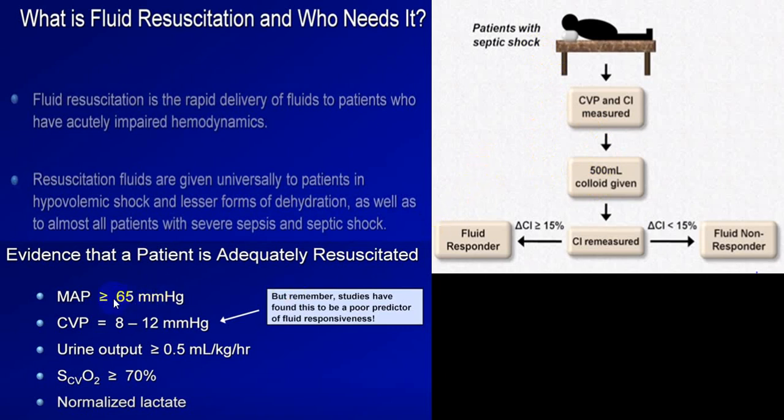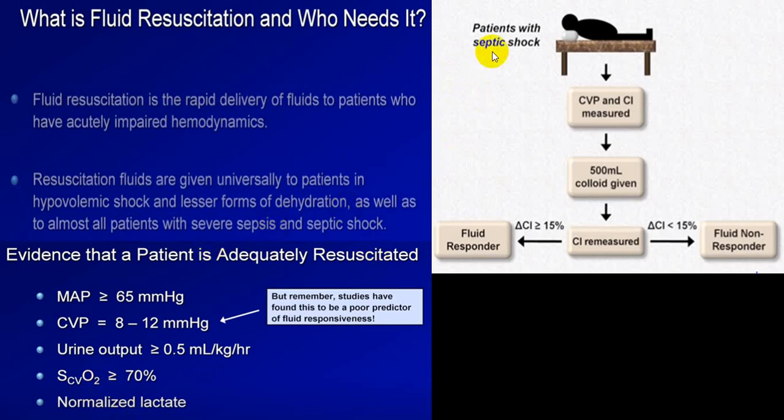So if mean arterial pressure is less than 65, central venous pressure is less than 8, urine output is markedly reduced, oxygen saturation is reduced, there is a high level of lactate, there is altered mental status, you must resuscitate.